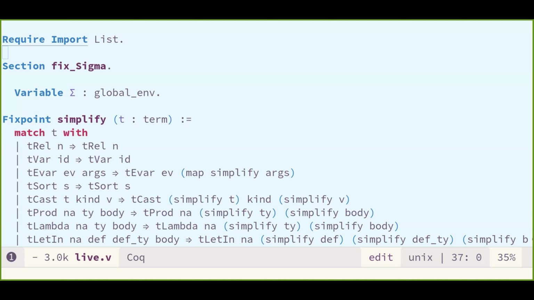For print assumptions, for instance, you do not produce a term, so it's not a map, it's a fold. But in principle, yes.